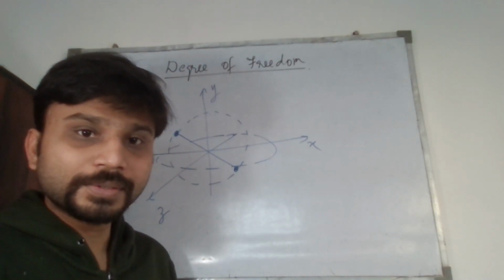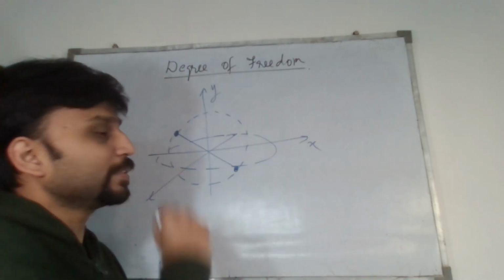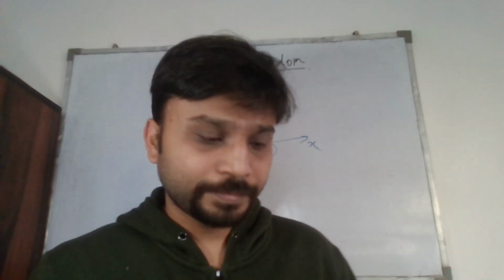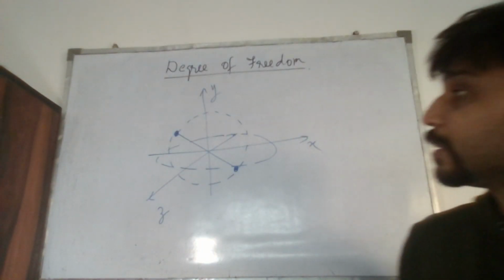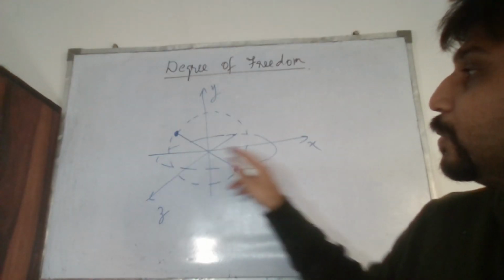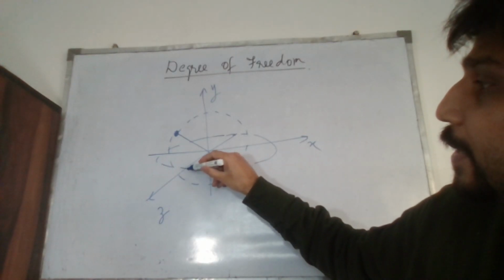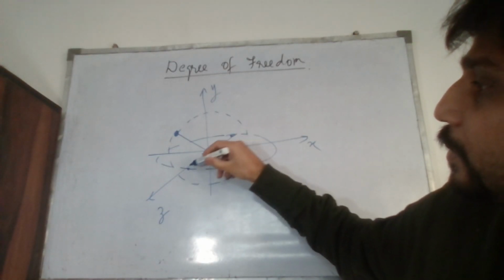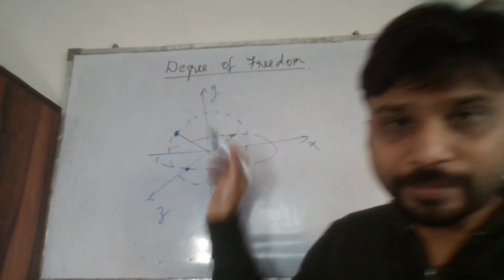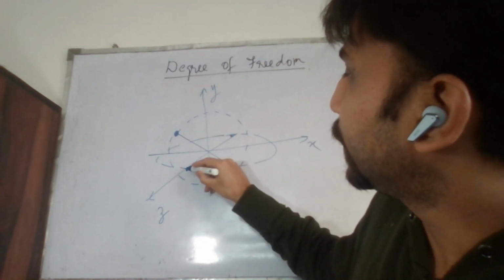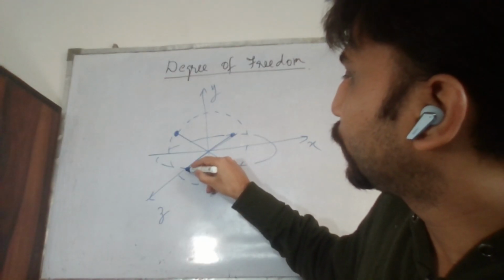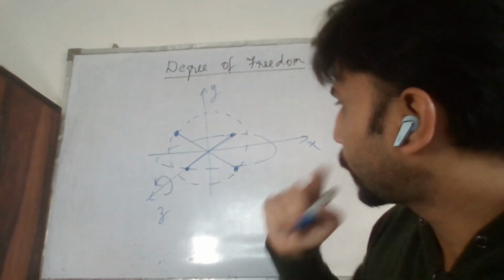Again, the molecule rotates like this, and when the molecule has the turn to rotate about this YZ plane, then it basically rotates like this.